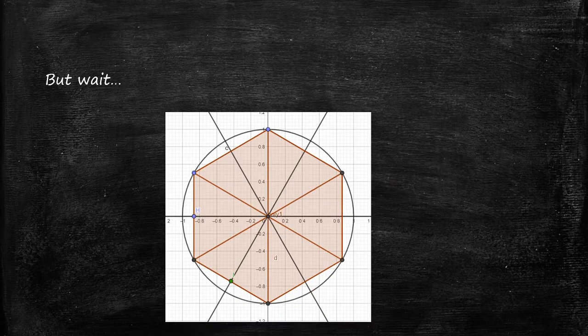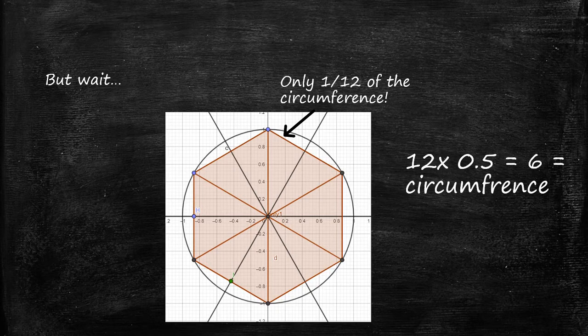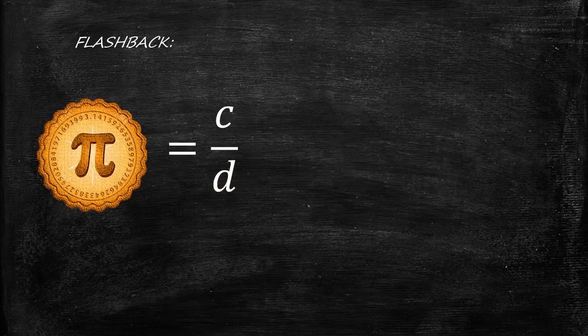But let's remember this. This is only 1/12 of the circumference. So we multiply 0.5 times 12 and we get 6, our circumference. And remember, to get pi, we must divide circumference by diameter. So let's do that.